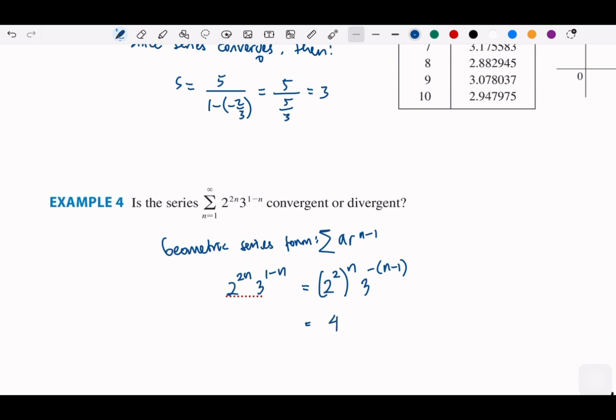So 4 to the power of n, and then 3 to the power of minus (n minus 1). Because with negative exponents you have fractions, 2 to the power of negative 1 is 1 over 2, so with this 3, we are going to have 1 over 3. So I'll write 1 over 3 to the power of n minus 1.